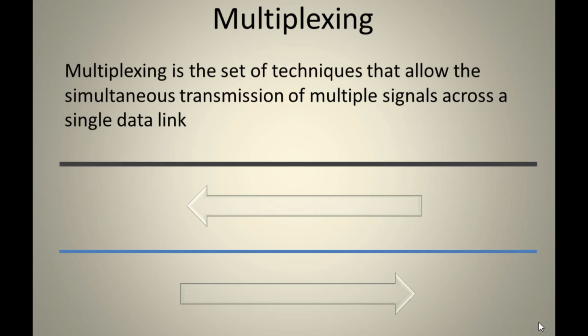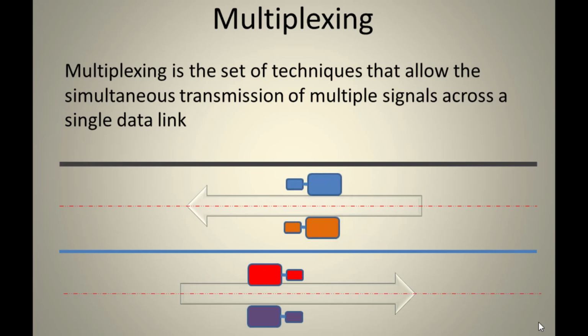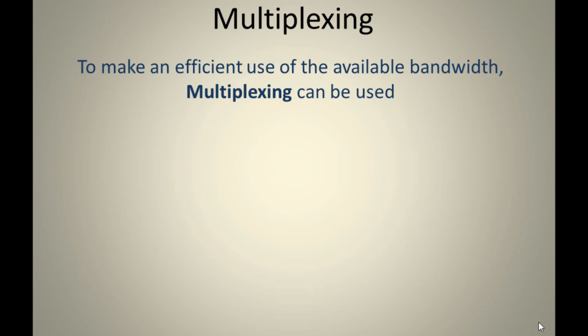Now we can make two lanes across each of the roads, so that two vehicles can pass easily instead of one. So in this case, we make a more efficient use of this highway by making two lanes. This is what multiplexing is about.